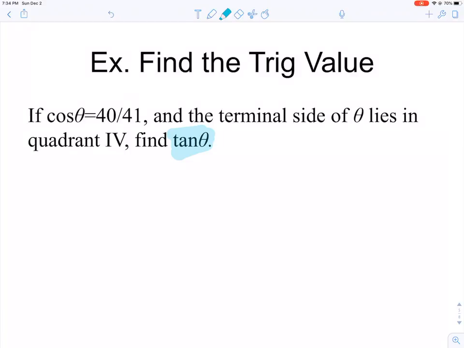If cosine of theta is equal to 40 over 41, so this is our given, and theta is going to lie in quadrant 4, meaning theta will terminate in quadrant 4, I'm going to draw the picture.